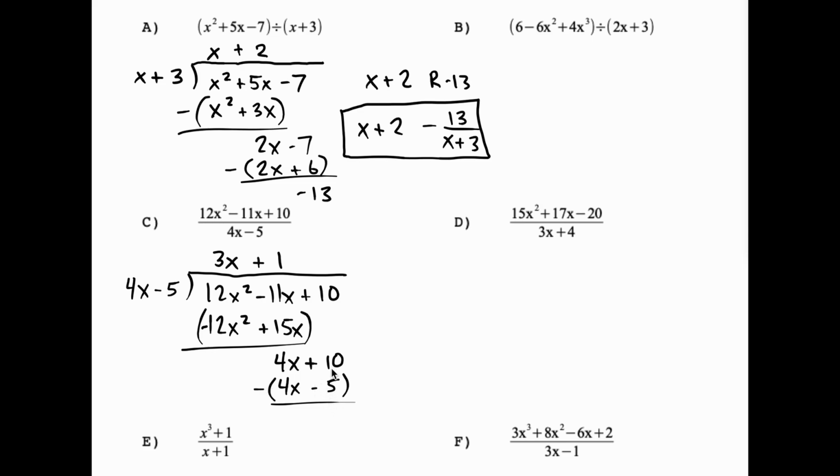So this is actually going to be 10 plus 5, which makes 15. So we've got 3x plus 1 with a remainder of 15, which is going to be 3x plus 1 plus 15 over 4x minus 5.